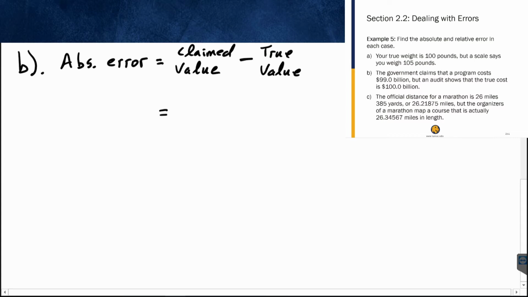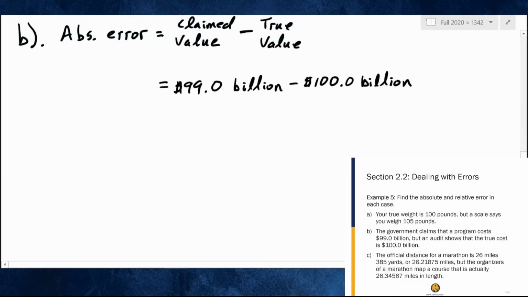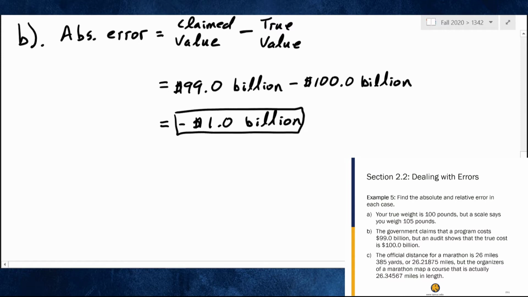And so in this case, that would be equal to the $99 billion minus the $100 billion. So when we subtract those numbers, we come out with negative $1 billion. So the absolute error can actually turn into a negative number, in this case when we do the calculation.